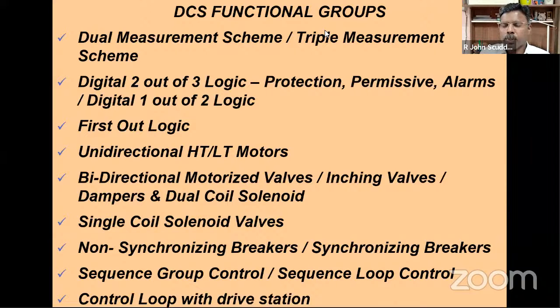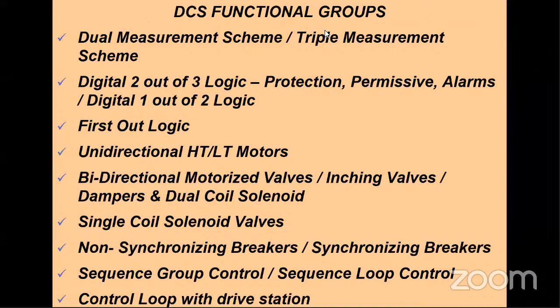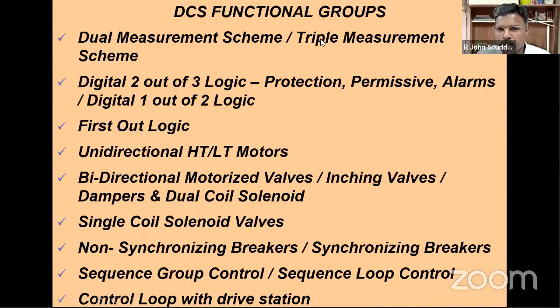So what we normally do is, if there is a very critical parameter, we put in at least 3 transmitters for a single parameter. Imagine main steam temperature. At least 3 thermocouples we put. We take all the 3 thermocouple inputs to the control room, and then we have something called a triple measurement scheme. Okay, when it is very critical, we go to the triple measurement scheme. When it is not very critical, but still critical, we go for a dual measurement scheme.